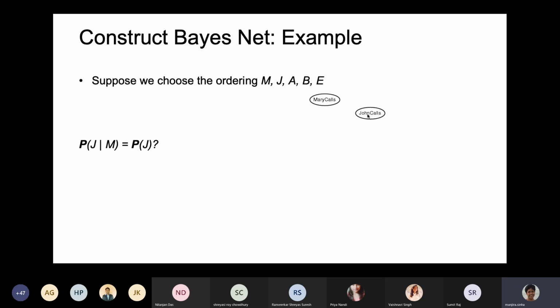So for that, what I need to do, I check whether the probability of John calling given Mary called is equal to the probability of John calls. What does that mean? If these two are equal, that means the probability of John calls is independent of whether Mary calls or not.